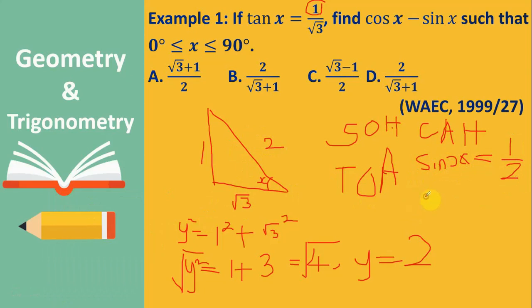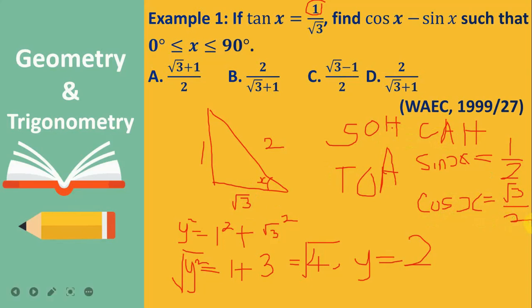Also, cos x will be equal to the adjacent over the hypotenuse, and that is root 3 over 2. Then I have root 3 over 2.